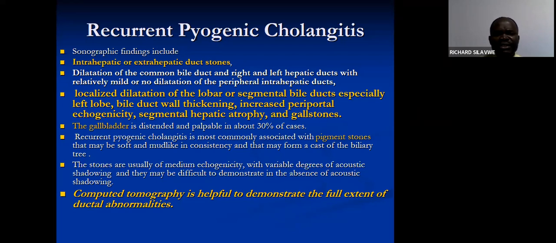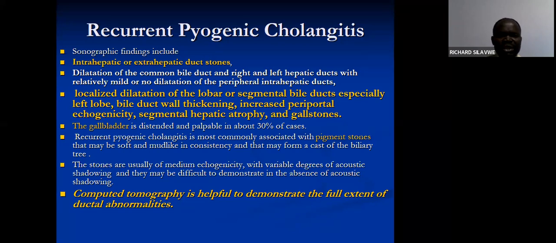The gallbladder is distended and palpable in about 30% of cases. So it's not in all cases that you can palpate the gallbladder, but in 30% it has been documented.